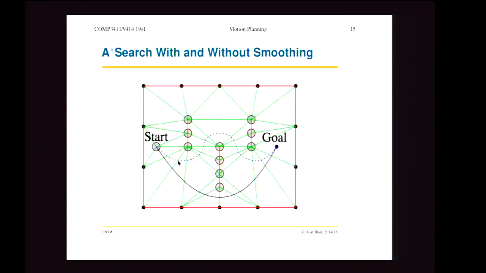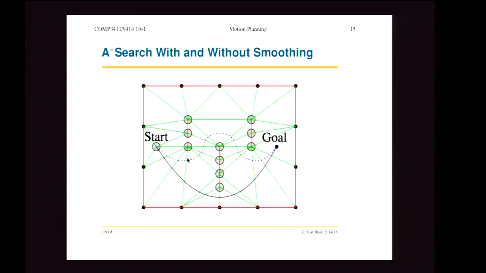The final velocity of this segment has to be the same as the initial velocity of the next segment. And this kinematic constraint has to be satisfied all the way along the path. And I want to find the minimum time path that satisfies those constraints.